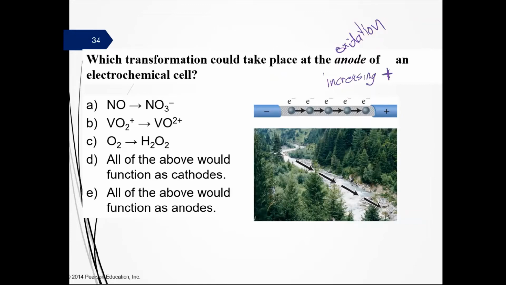So our nitrogen in this case is a +2, and it's moving on into a +5. Our vanadium in this case is a +5, moving to a +4. Our oxygen is going from a 0 to a -1.